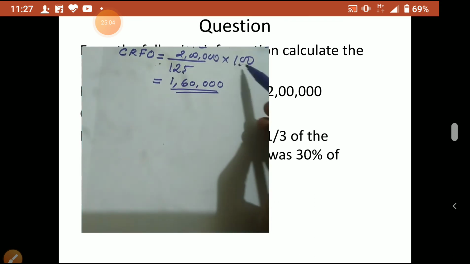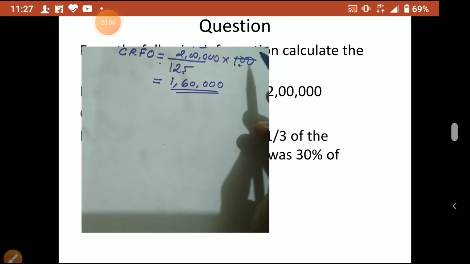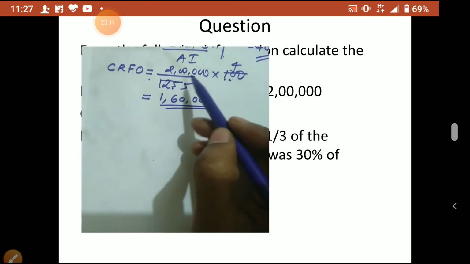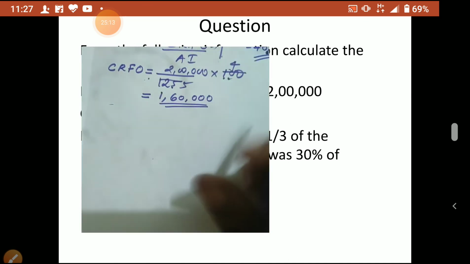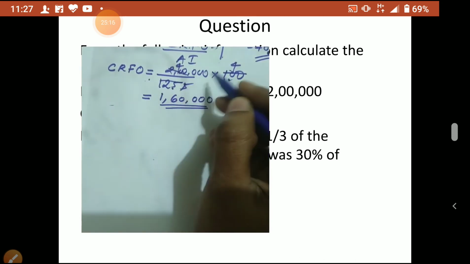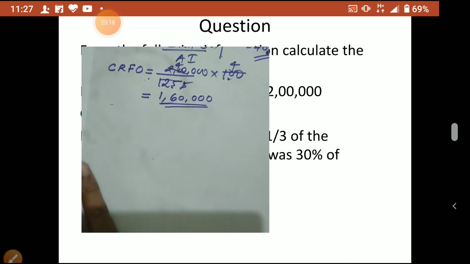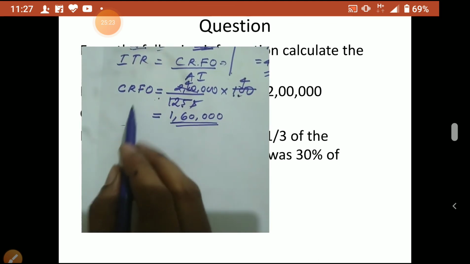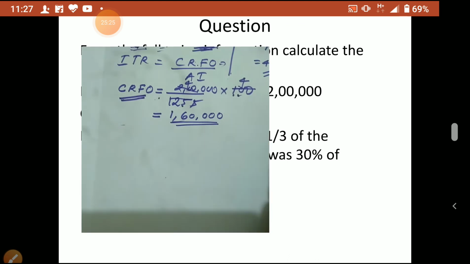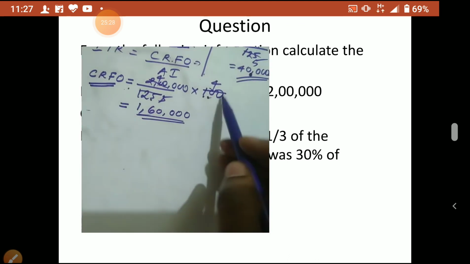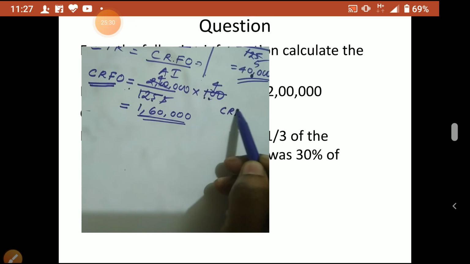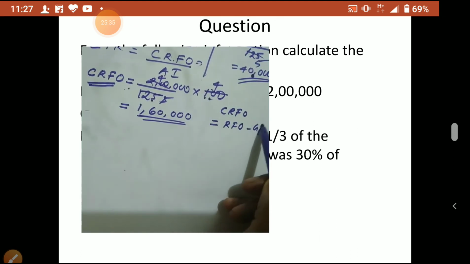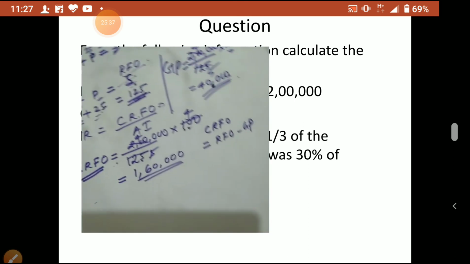Now calculate: 25 cut, 5 times 25 is 125, 4 into 4 is 16, 1,60,000. Both ways we can calculate. Either this way, or CRFO is equal to RFO minus gross profit. That's why I calculated gross profit and showed you.